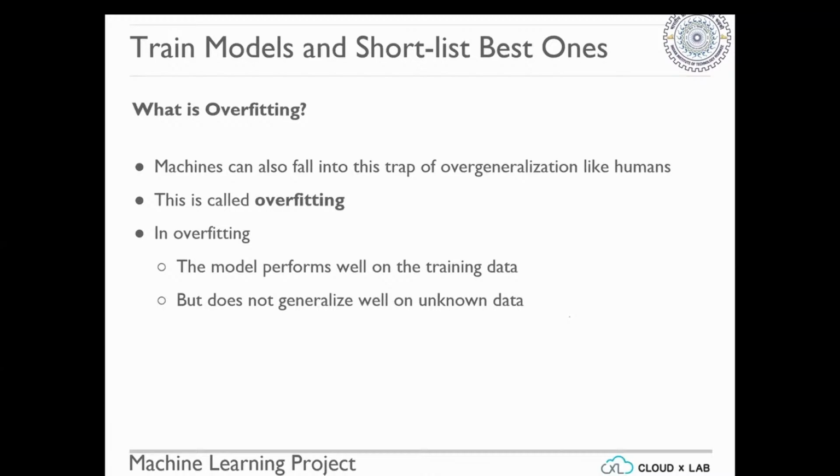Then we can conclude that our model is suffering from the overfitting problem. So in overfitting, training performance is high, but test performance is very poor. You can say the model does not generalize well on unknown data. Here unknown data means the test data, or the future data.